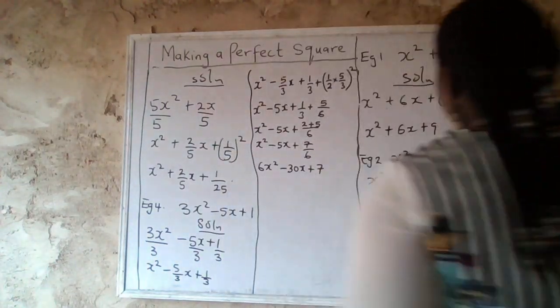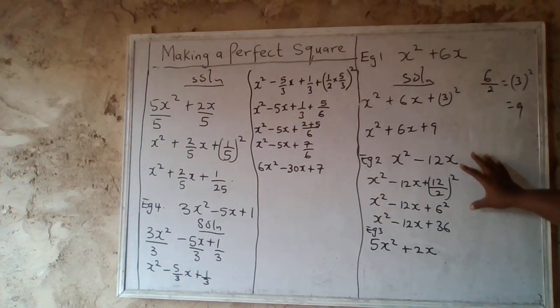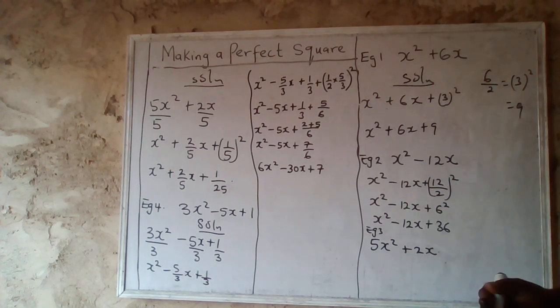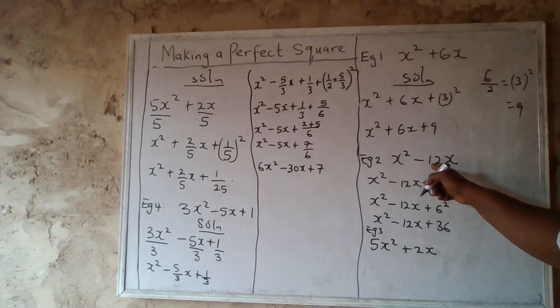Now, a little correction to example 2. When I took the coefficient of x, the coefficient of x is actually minus 12.